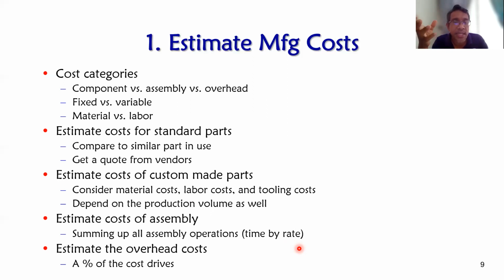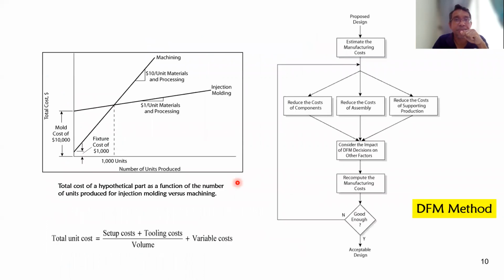That is the cycle time, from the beginning until the product is finished. We call it the time rate or cycle time. So they can estimate the time for the assembly by operation time. And then cost driver, based on the overhead cost. We will explain all of this in the next slide.